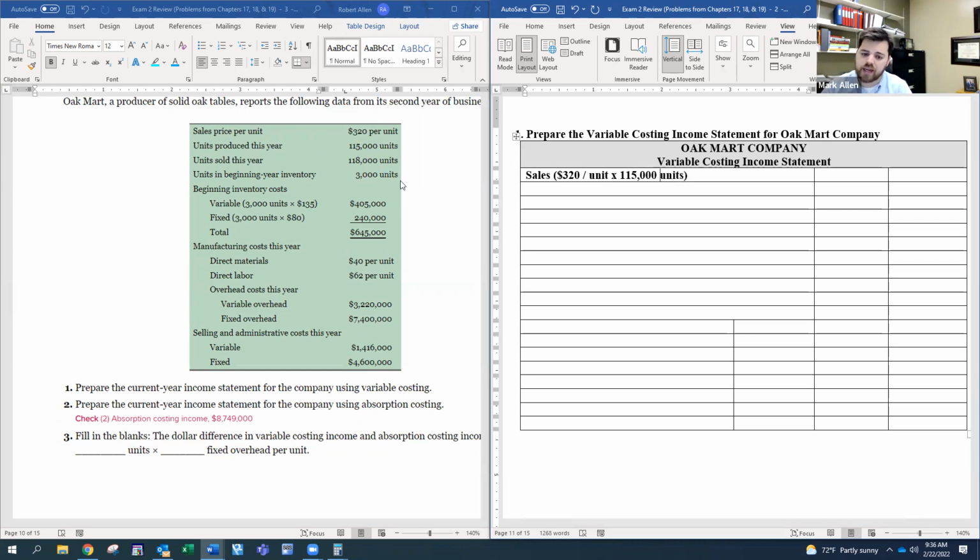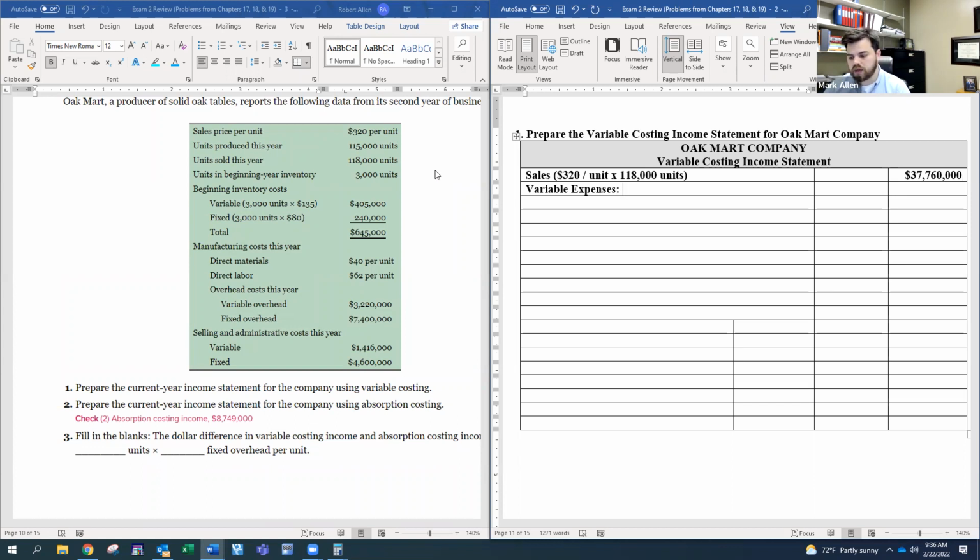No, that's not it, that's the amount we produced. Be careful here. Students will accidentally grab that number on occasion. We produced 115,000 but sold 118,000. So 118,000 times $320 is $37,760,000.